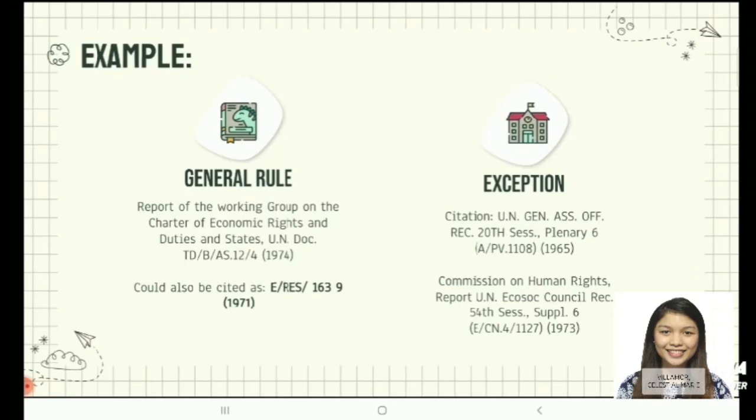However, if it is a UN official record, it should be cited as UN General Assembly Official Record, 20th session, plenary 6, and its corresponding symbols and the date. We also have Commission on Human Rights report, UN Economic and Social Council record, 54th session, supplement 6, and its symbols and the year of the document.